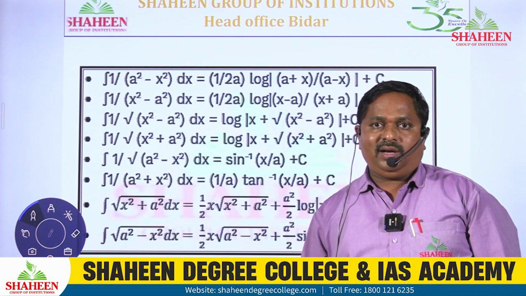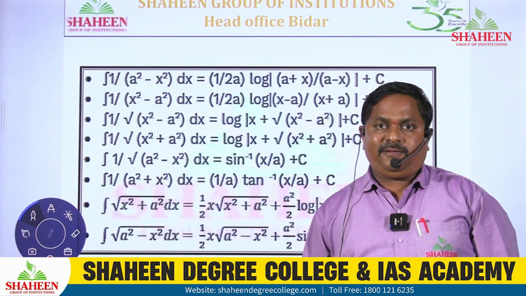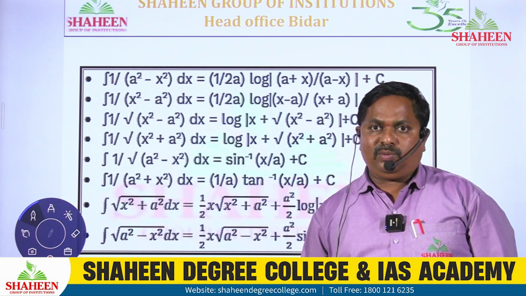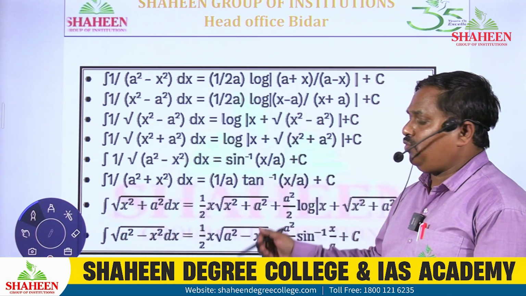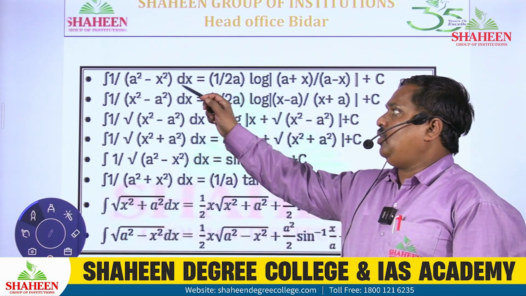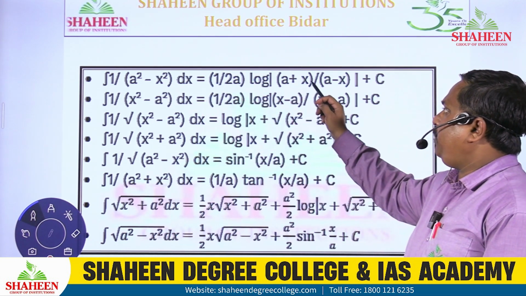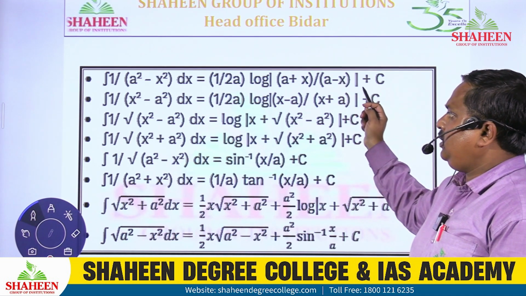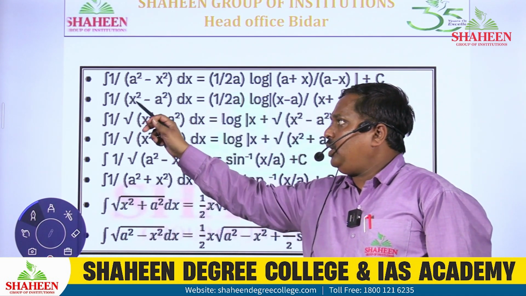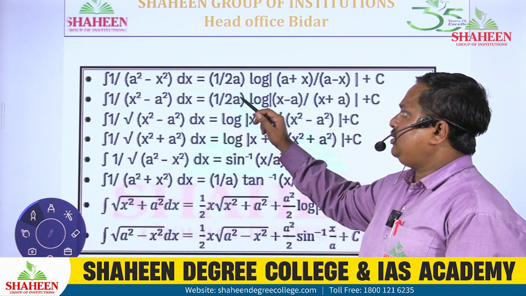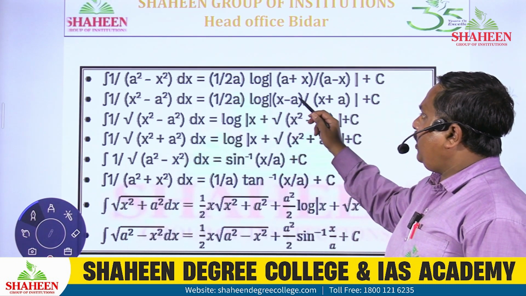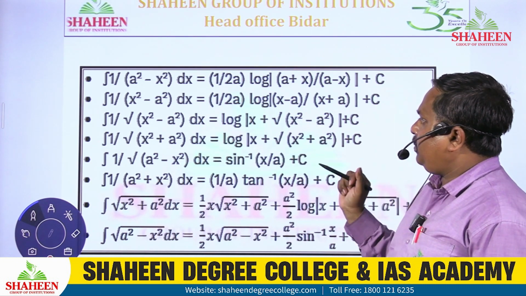For the NCERT textbook, we have around 9 formulas. The integration of 1 divided by a square minus x square is 1 by 2a log of a plus x divided by a minus x, plus c. The second formula is 1 divided by x square minus a square dx, which is 1 by 2a into log of x minus a divided by x plus a, plus c.